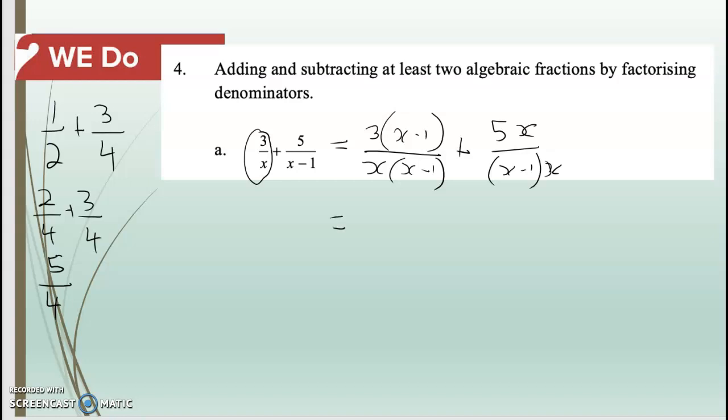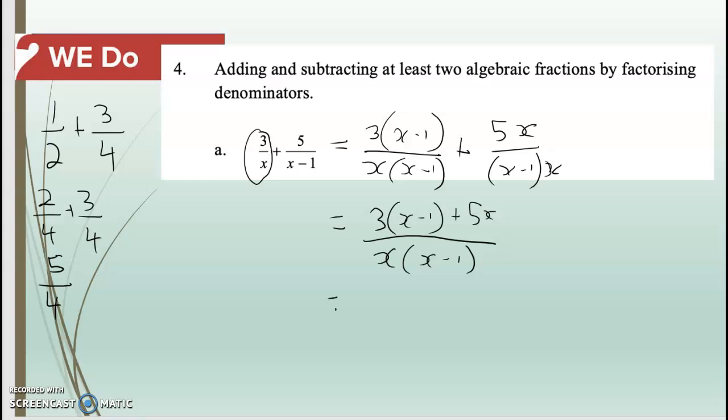Now we can combine them, so we get 3(x minus 1) plus 5x all over x(x minus 1). When we're combining, we just write the denominator once, we don't change it.